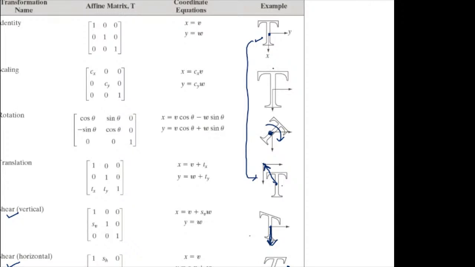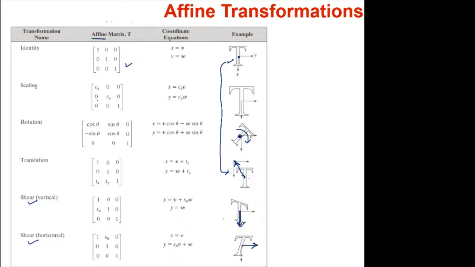So what I mean is that you can define certain matrices which are called affine matrices. This is the affine matrix for scaling. This is the affine matrix for translation.